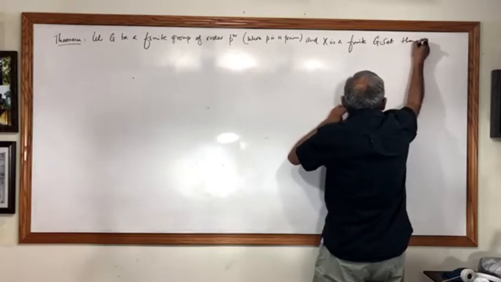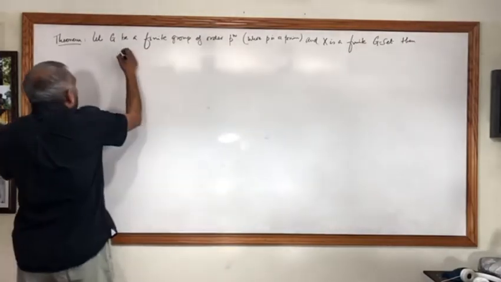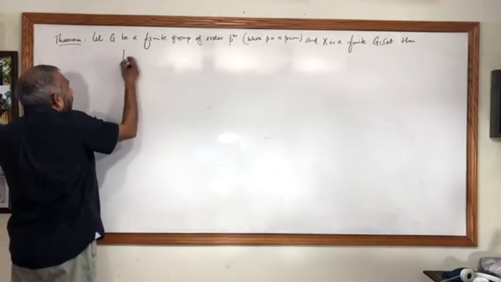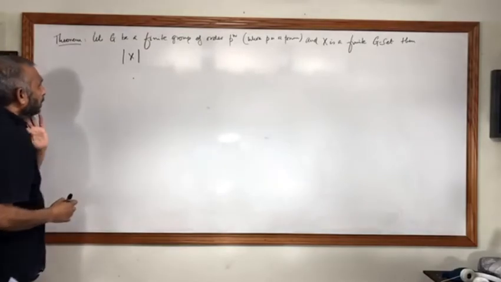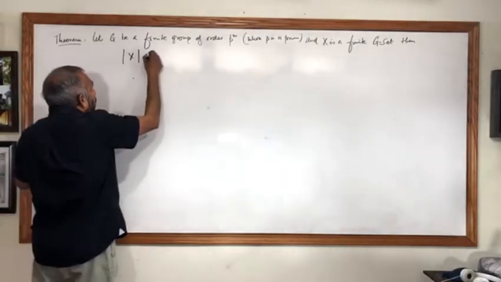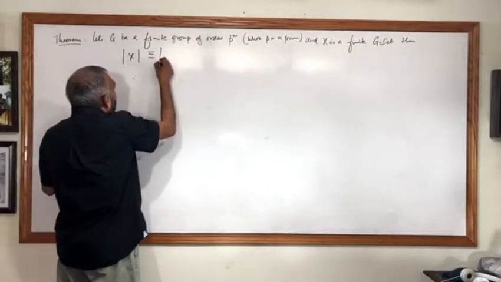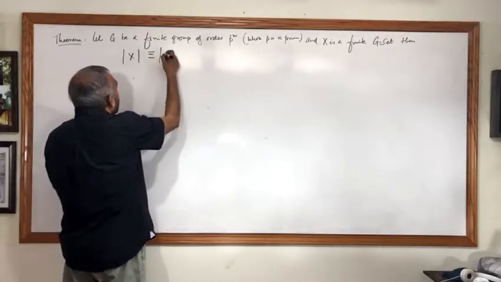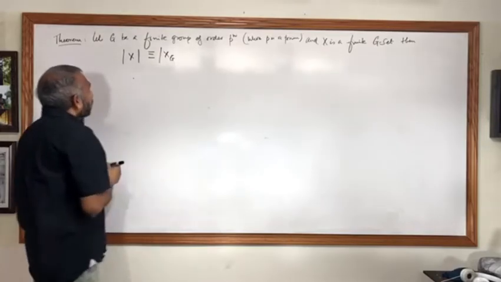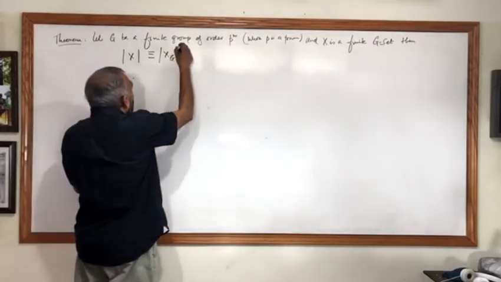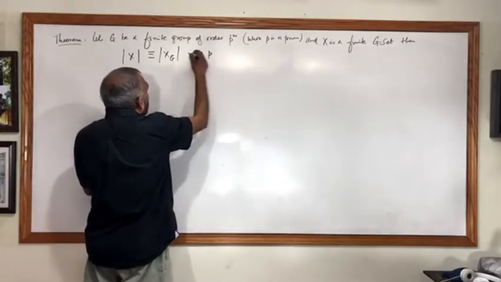Then the number of elements in X is congruent to the number of one-element orbits mod p.